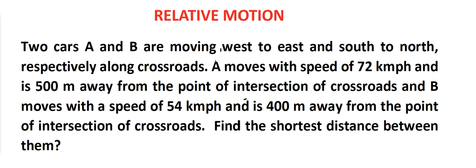A and B are moving, A west to east and B south to north. So from the crossroads, A is at some distance 500 meters away and B is at 400 meters away. So let us redraw the figure.